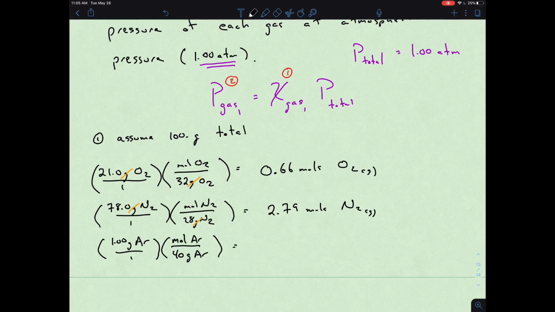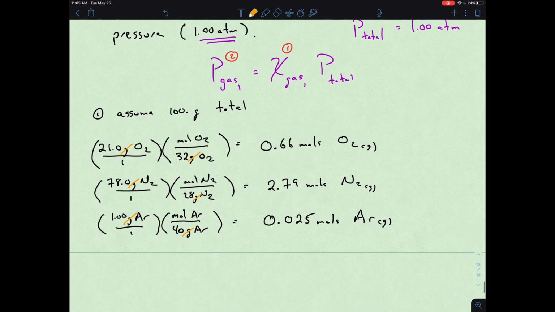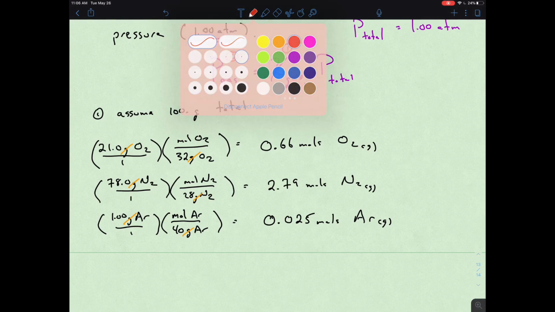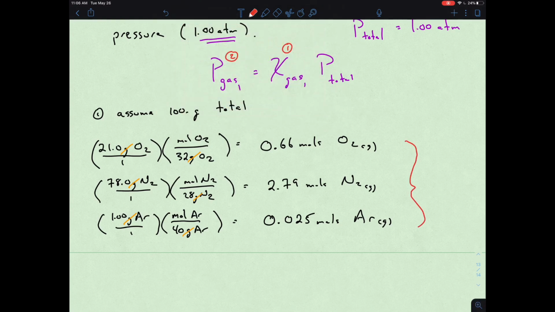To give us a value of 0.025 moles of argon. So that's the first step, is to get to these mole values, and then these are basically leading to step 1, where we want to get at now the mole fractions for each particular gas that's actually there.